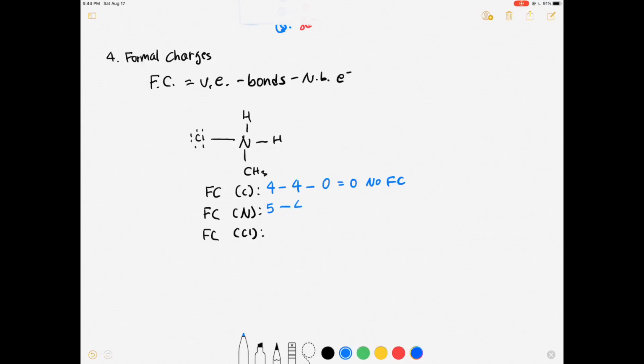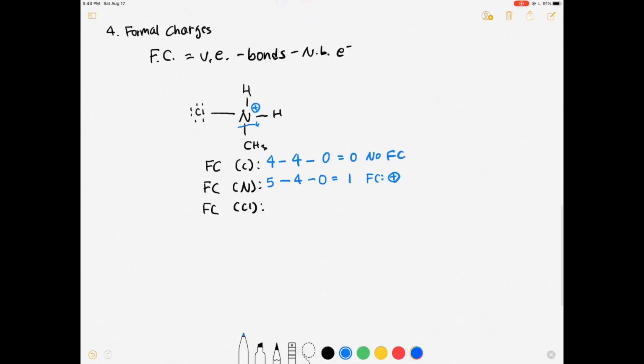So 4 bonds. And does it have any lone pair over here? No, there's no lone pair. So no non-bonding electron, minus 0. You get 1. So 1 means positive. So your formal charge for this one, positive 1. So over here we just write positive for nitrogen. Cool, easy, right? Moving on.